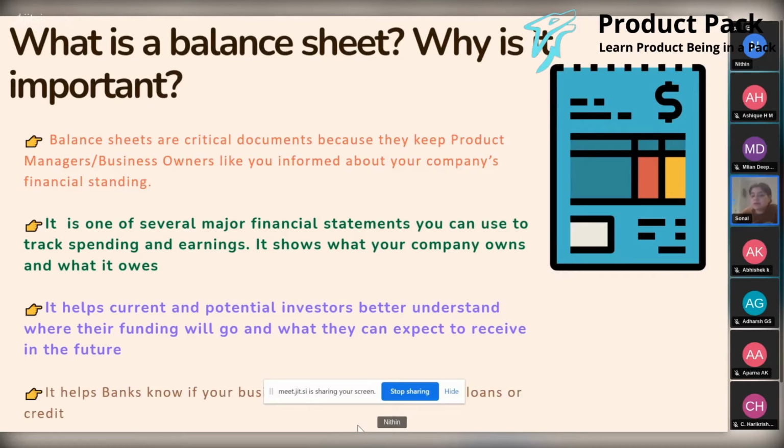And I think at one point or the other, we have all talked about the balance sheet, we have touched on it. And this is just the basic, surface level that we know about it. Now, it's extremely important for you to read and interpret a balance sheet, because, as I said, it offers a quick view of financial standing.